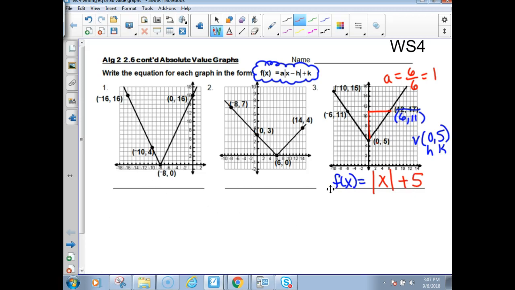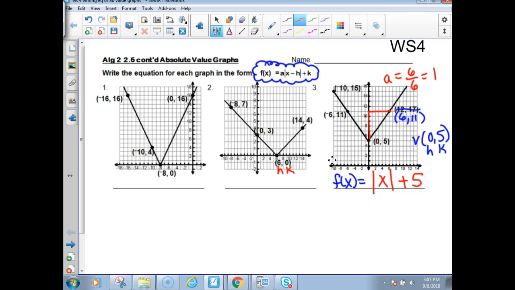Let's do a completely different one. All right, I'll just pick 2, and then I'll do one that's got more stuff to it. The vertex H, K is 6, 0.